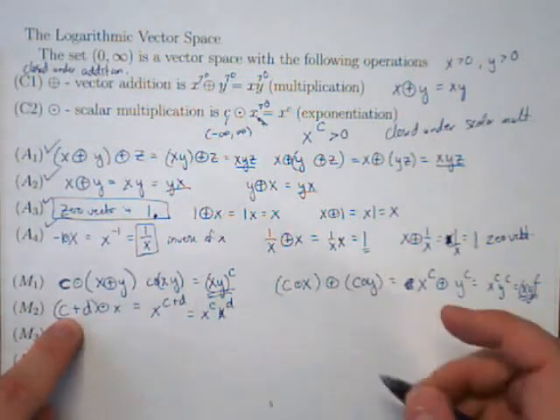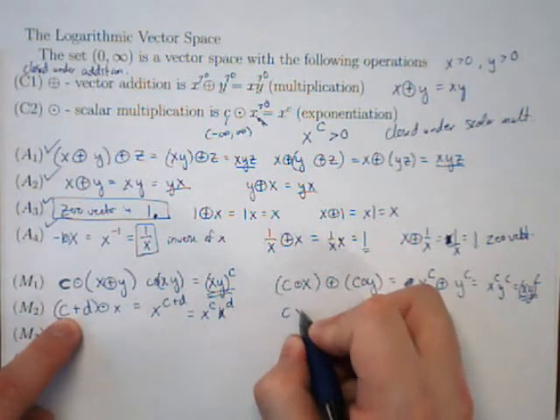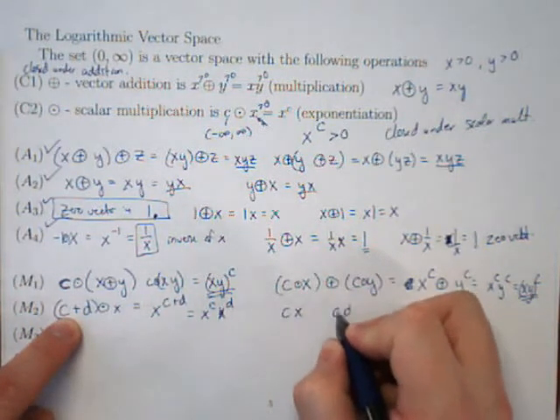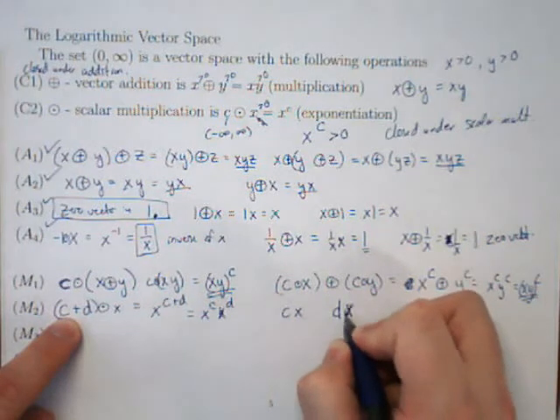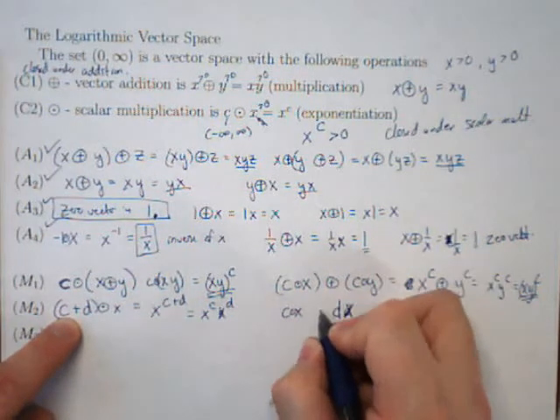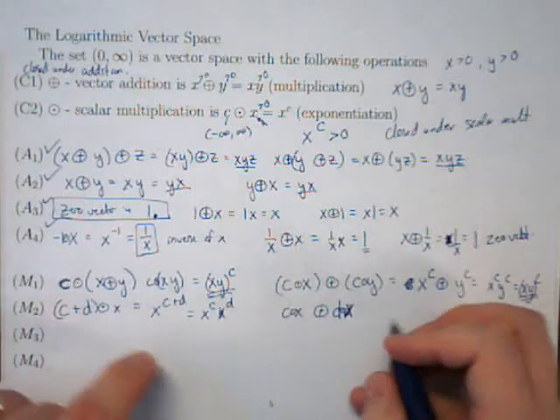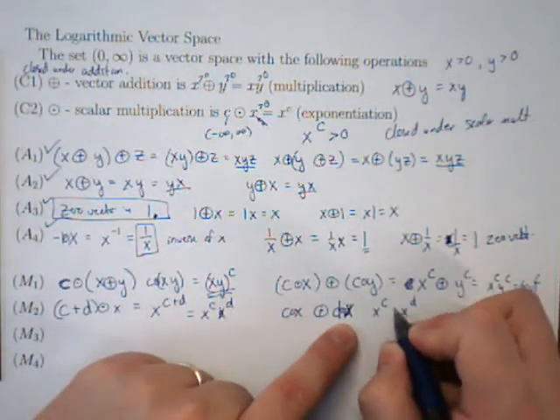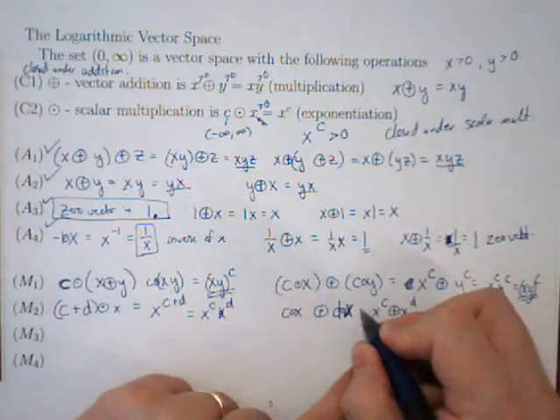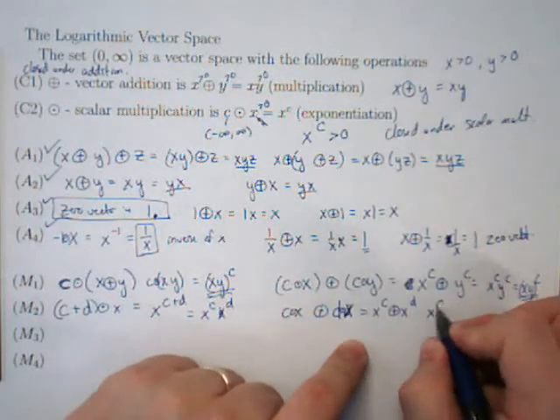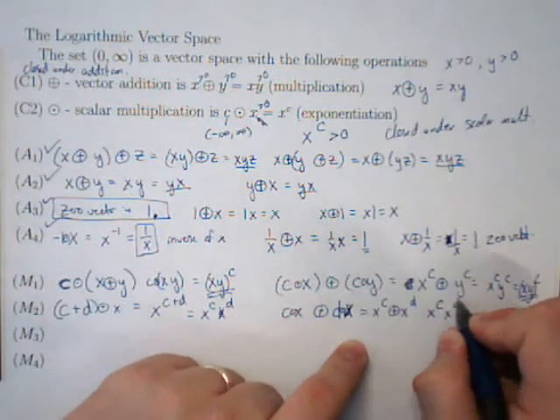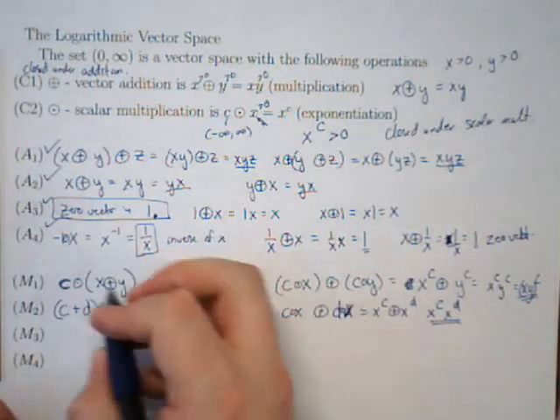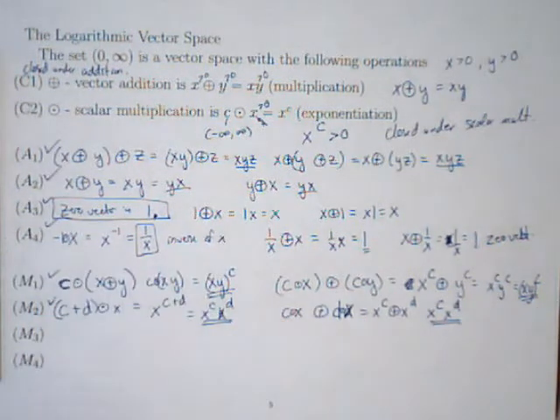Well, what happens if I first multiply cx and then dx and then add? So here I have an x to the c, here I have an x to the d, and then I add, but that addition means multiply them together, so we get x to the c times x to the d, and that is the same as that, so the first two hold.